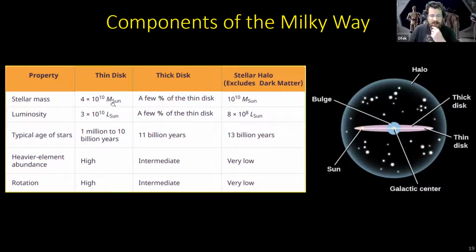This is related to the fact that heavier elements are more prominent on the disk, of course, where stars are younger, than in the thick disk and halo, where the stars are older, so they are older population stars. When they formed, there was not so much heavy elements floating around yet.